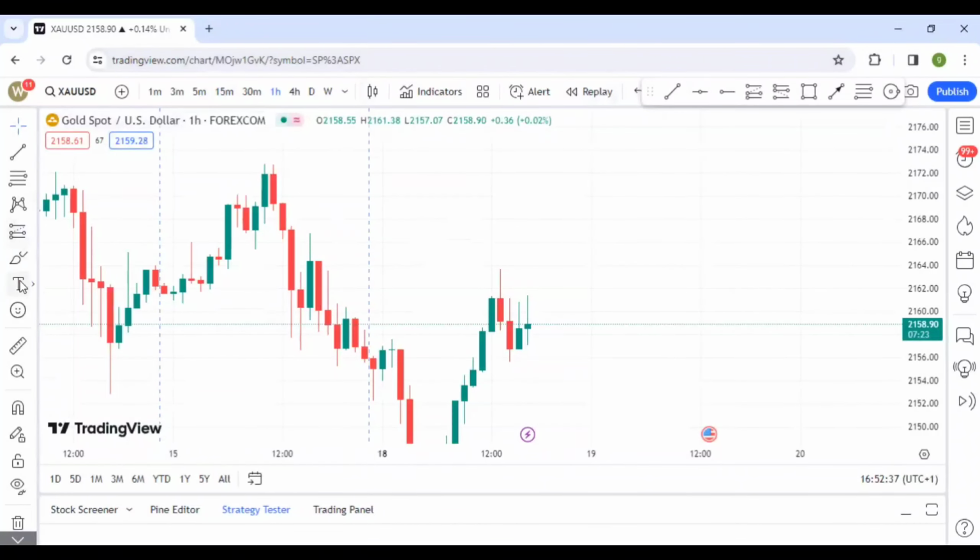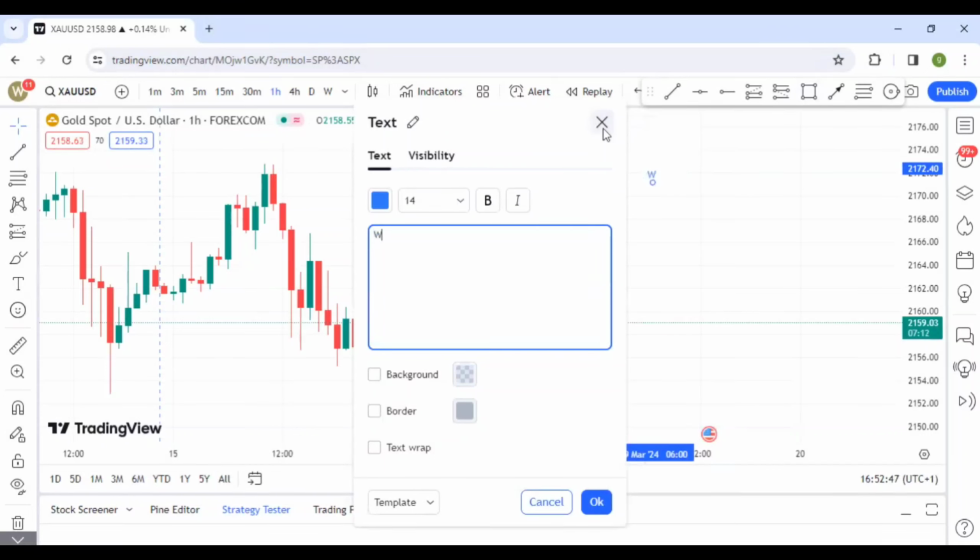Let me type it out. We have the wick, which is this one. This is the wick, the ones you are seeing at the top that look so tiny.